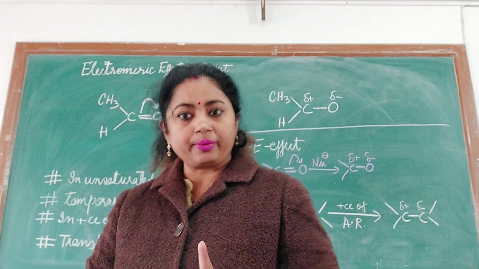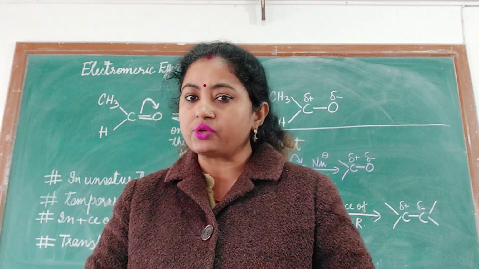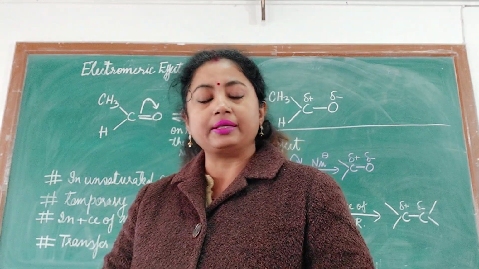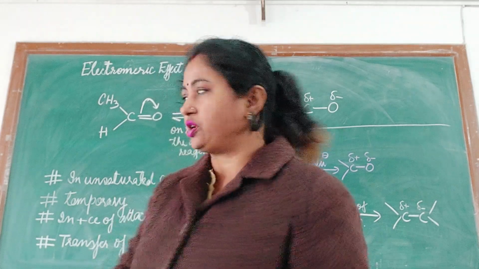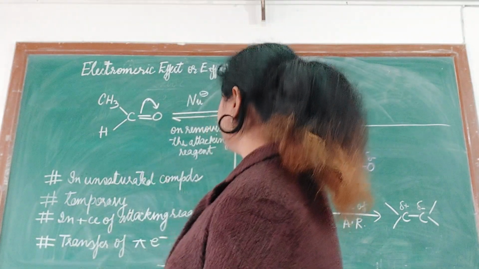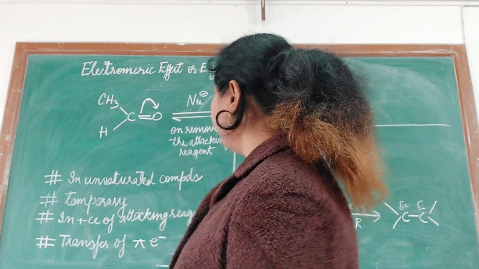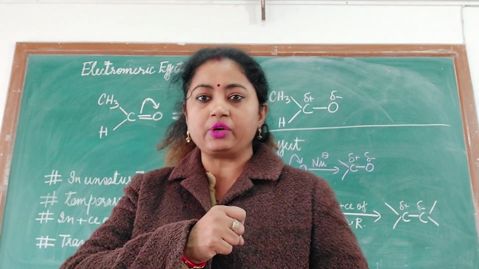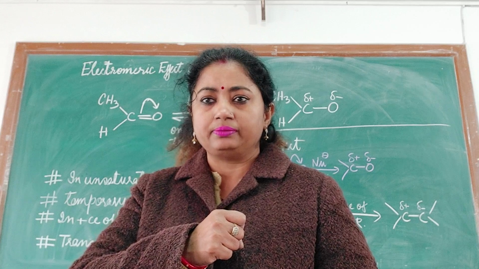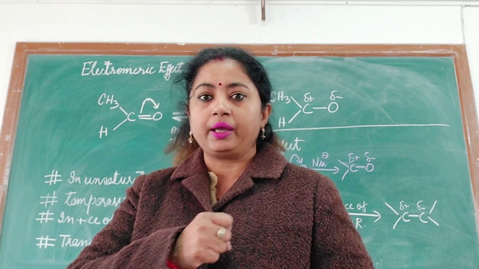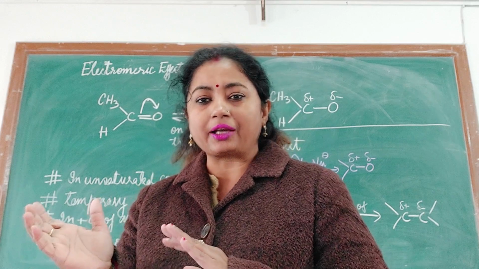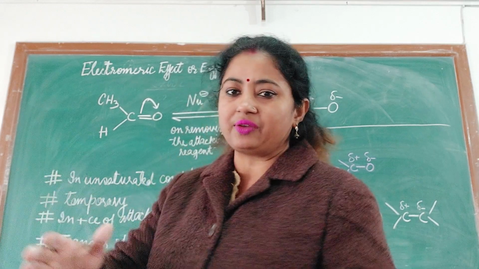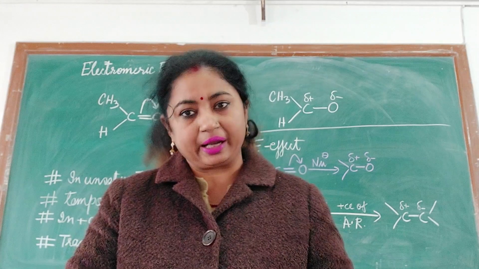So for the electromeric effect you require an unsaturated compound, and this effect can only occur in the presence of an attacking reagent. Here I have mentioned a nucleophile, and if we remove this attacking reagent, the reaction will be reversible, meaning we again get the primary compound.